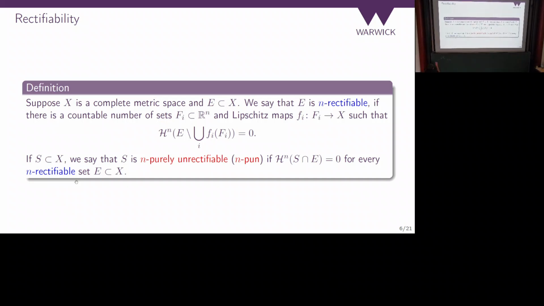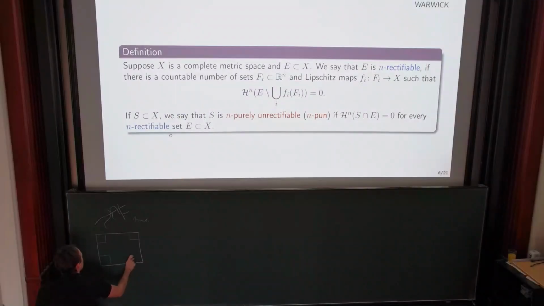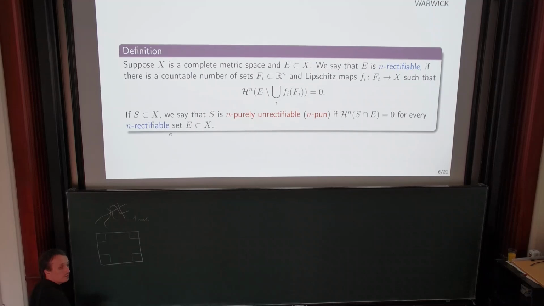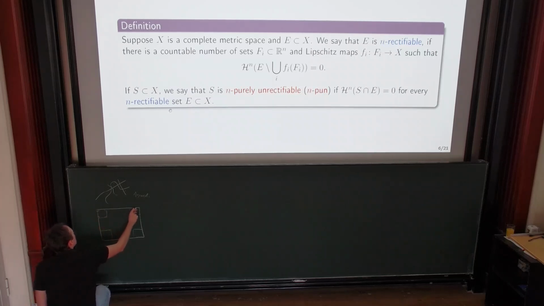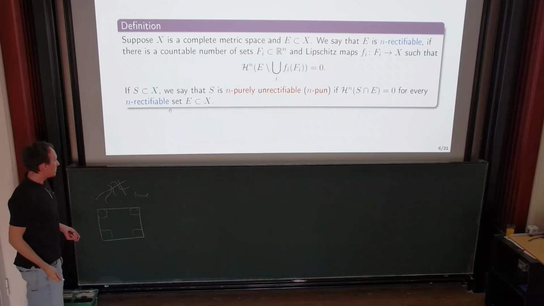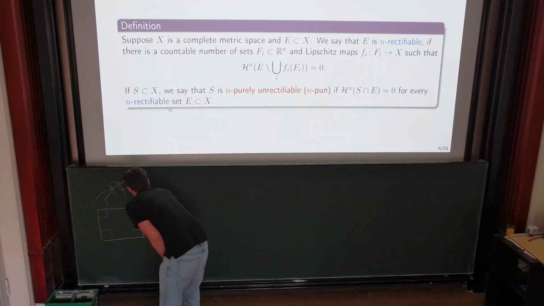That's not so hard to understand, but two examples of purely unrectifiable sets I want you to keep in mind are the four-corner Cantor set, which you obtain by taking the unit square in R^2, partitioning into 16 pieces, keeping the 4 squares, throwing everything else away, and then you do it to every square again, and you continue infinitely many times, and in the intersection you get some set K. The funny thing is it has finite positive length.